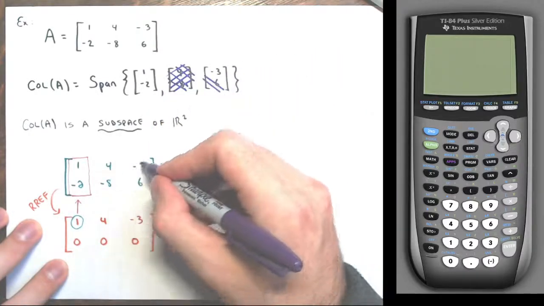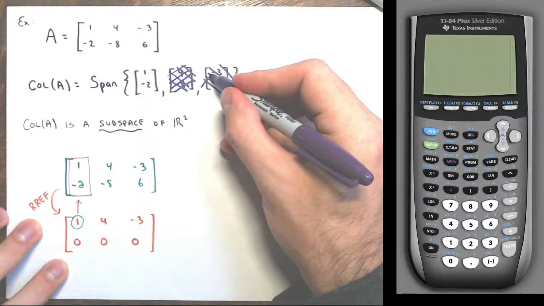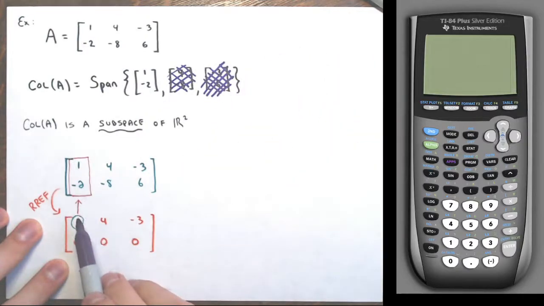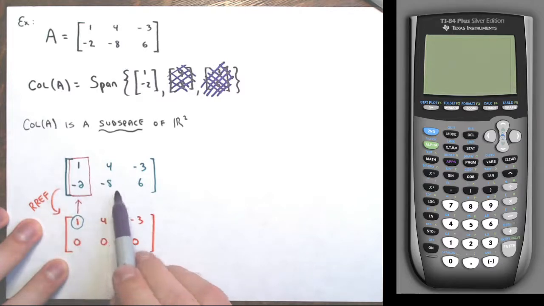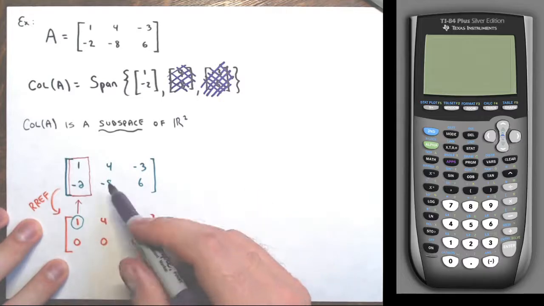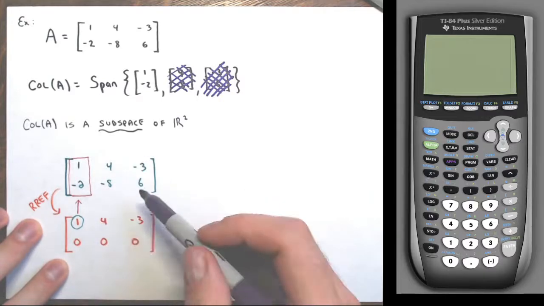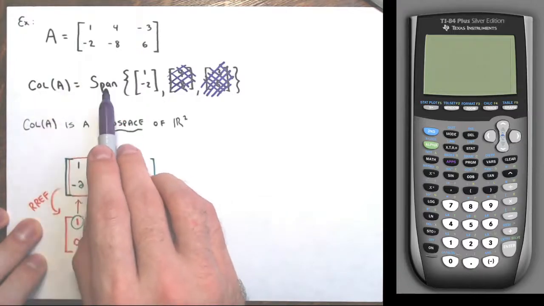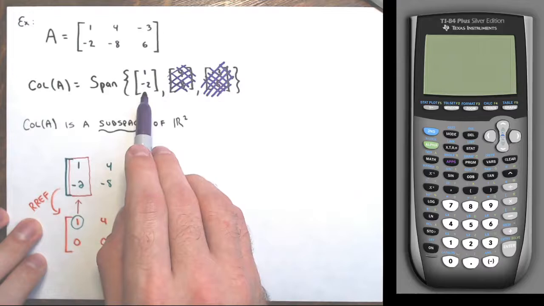And that's what the reduced echelon form of the matrix helps me see. This first vector's good, and these other two, which correspond to non-pivot columns, are really unnecessary. So the column space of A is just the span of (1, -2).